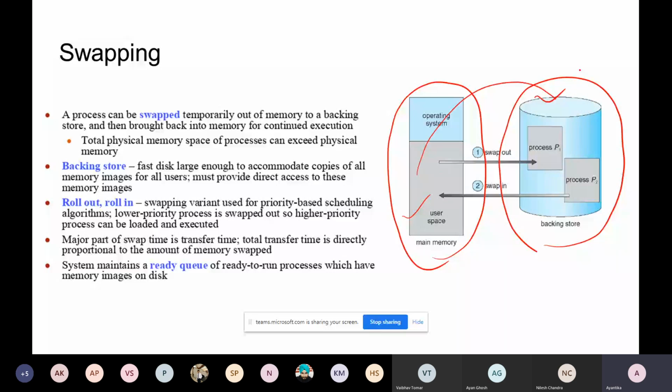So in spite of the total memory being very much larger than your main memory, you are still managing the execution of your different processes. This is a very important concept: we see that different processes are in execution, maybe on the same processor, but actually the memory mapping is directly going through some swapping techniques, some in and some out.